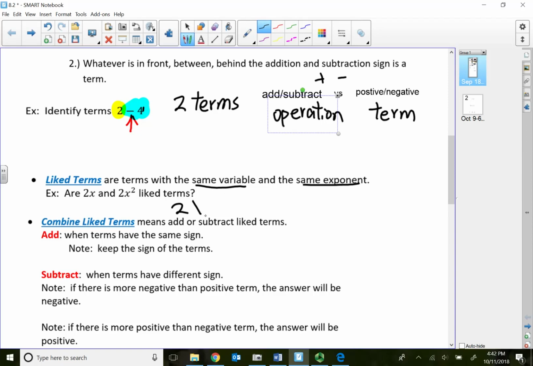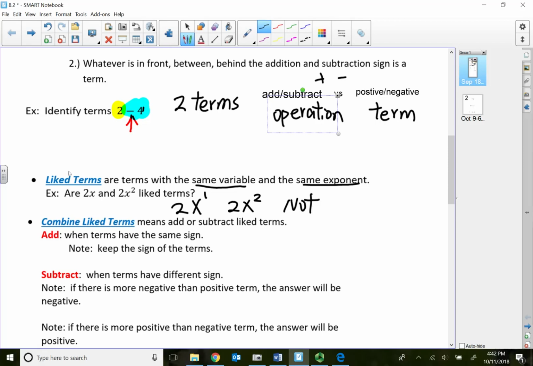The answer is actually no, because for 2x, the exponent on top of the x, since we don't see it, is automatically assumed to be 1. I think we mentioned something like that when we talked about exponent rules before. Now 2x squared, the exponent on top of the x is a 2. So because the exponents are different, even though we use the same variable, these 2 terms are not like terms.